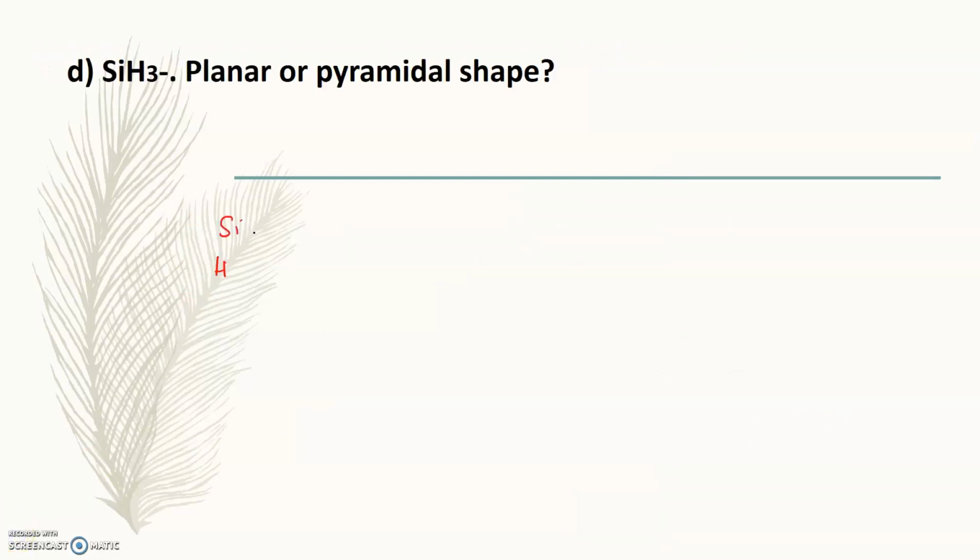Okay, for this cyanide ion, so we calculate the total valence electron. Okay, remember this is an ion, so additional 1 valence electron. Okay, total is 8.